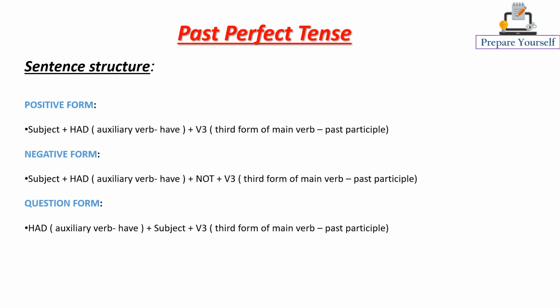For negative form, we use subject plus had, have plus not plus the third form of the verb, past participle. And for interrogative sentences or question form, we use had, have plus subject plus verb 3, past participle.